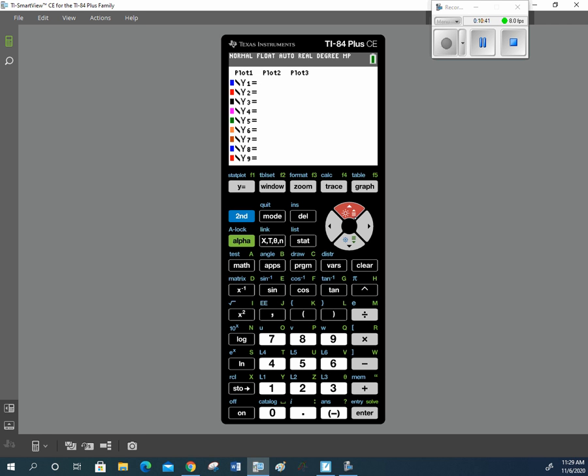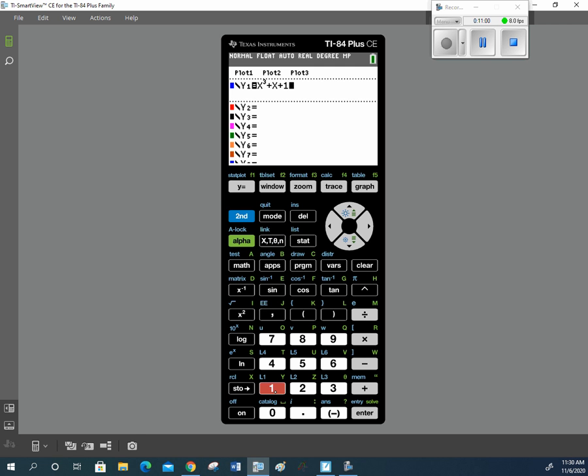So we're going to type in x to the third plus x plus 1.